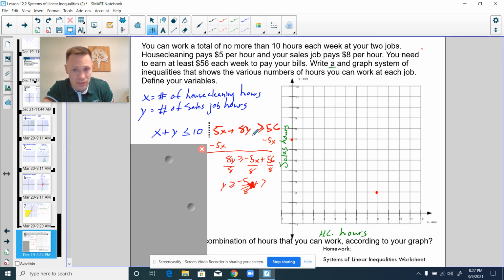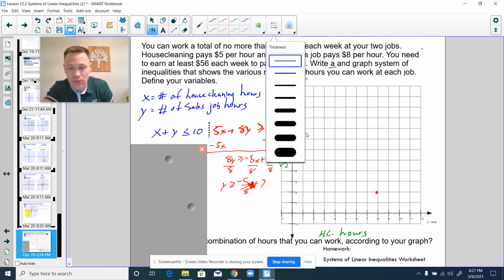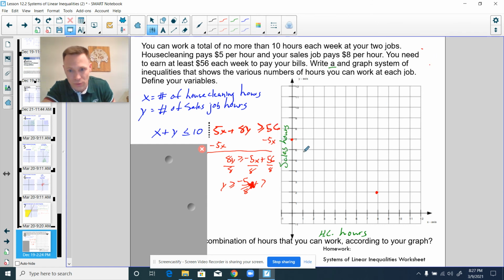And that is an equal sign underneath there, so I'm going to graph an actual line. I'm going to grab the line tool and just do it freehand, best I can here. And I know that I'm shading above that line, because it has to be greater than.